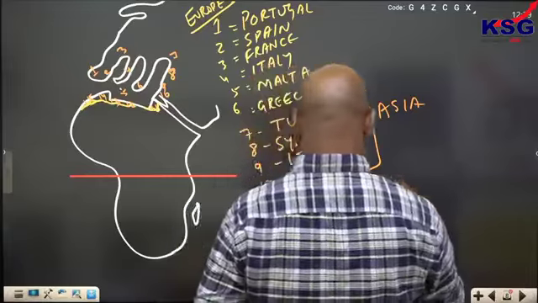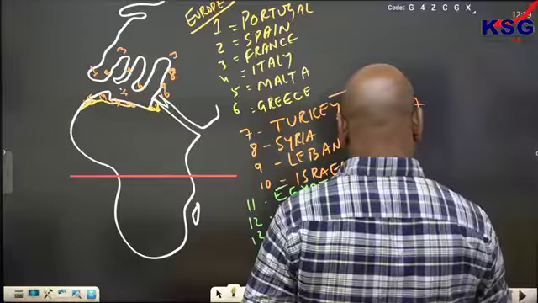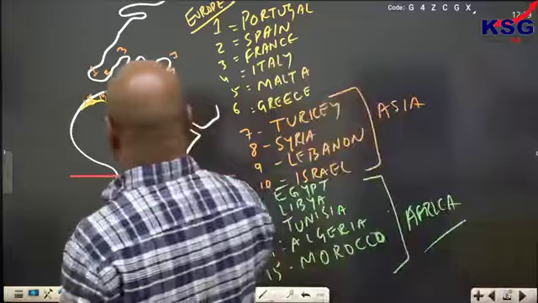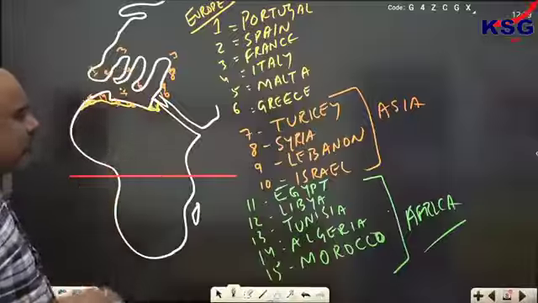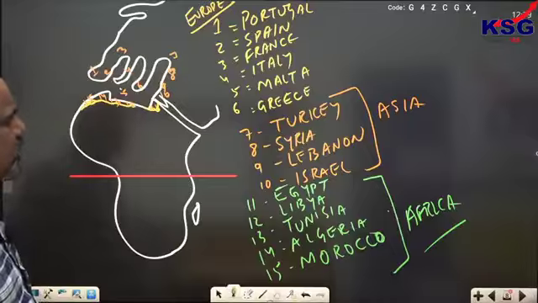All these are in Africa, but not very well developed here. In some places it is not there at all, it is very little here. Very small area you have as such.